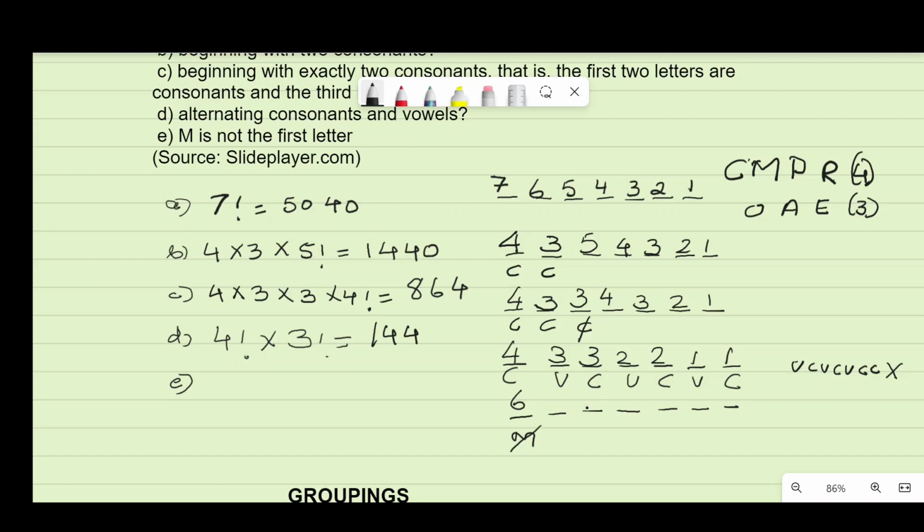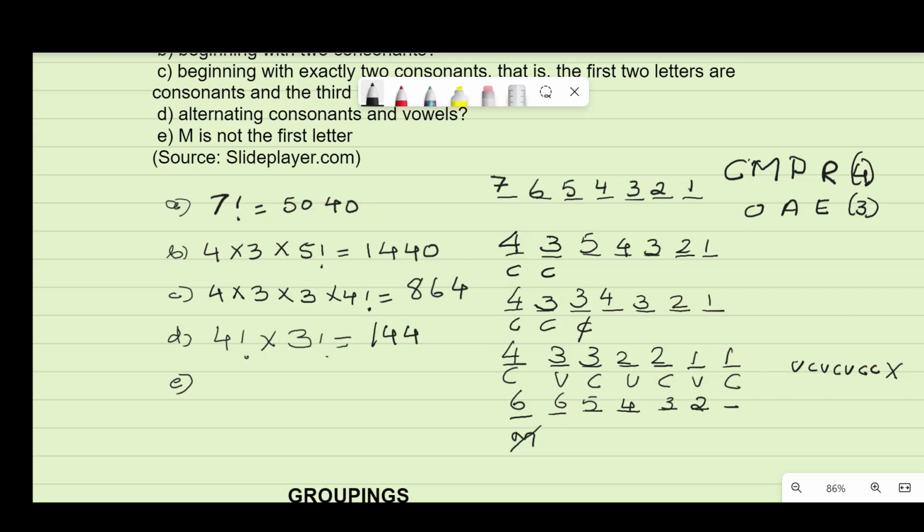Okay, now from here, do you have any restrictions? No. So here you already used 1 for the first position, any other letter except M, but that means all other letters are available for the remaining. All other 6 letters, whatever we used here is gone. All the remaining 6 letters are available for the remaining 6 positions like this.